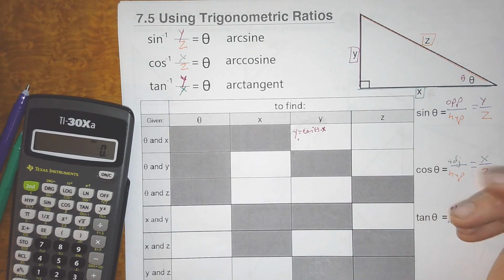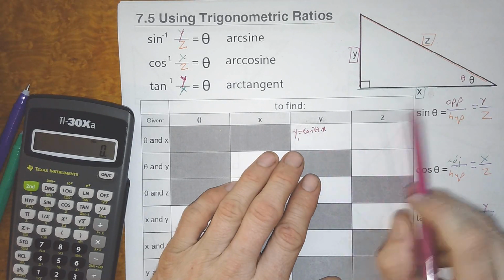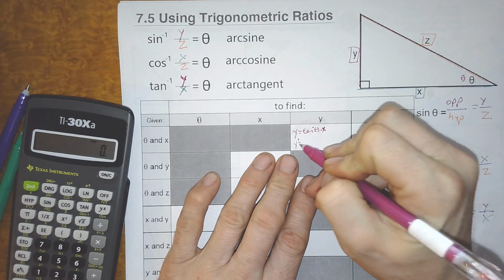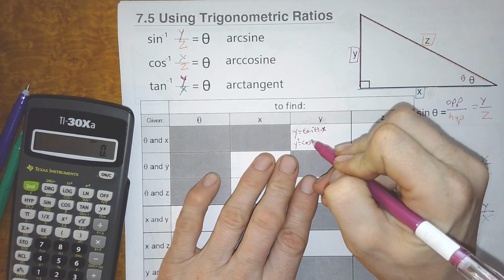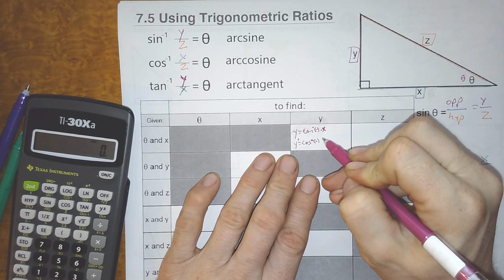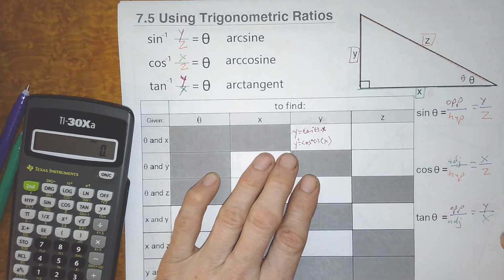Another way you could figure out y is you could use cosine. It could be y equals inverse cosine of theta times x, right?